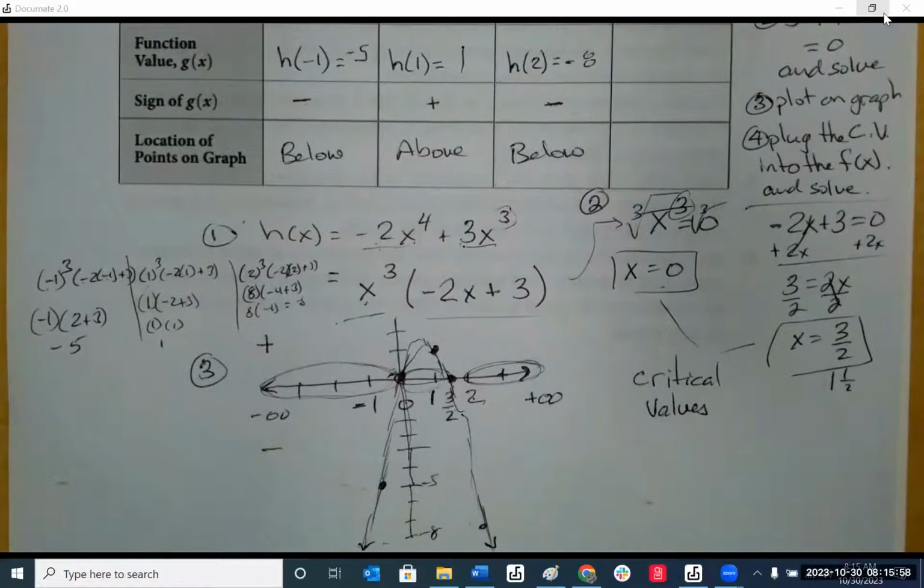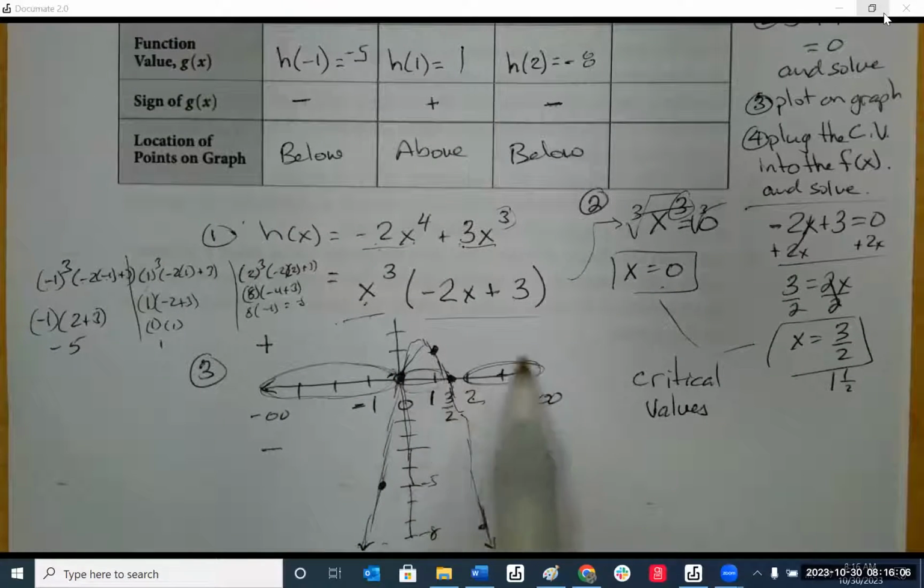That's what it's telling us. So all the points in this interval will be below the x-axis, all the points in this interval will be above, and all the points above and here are below the x-axis. That's what that chart tells us.